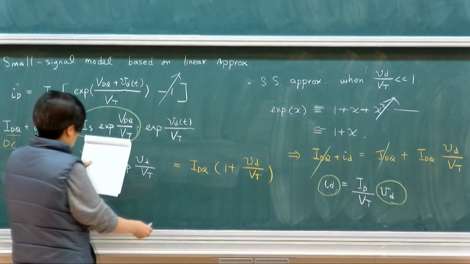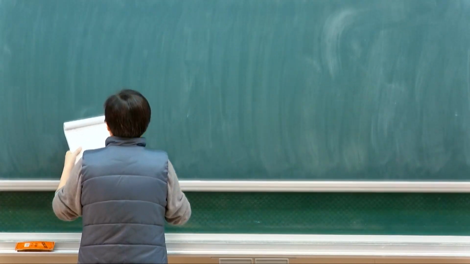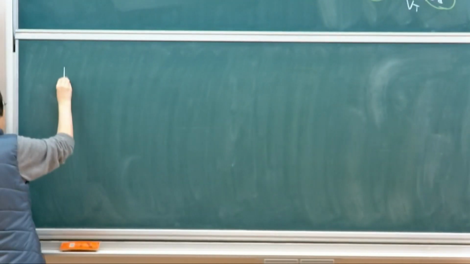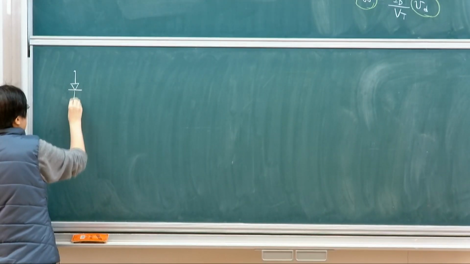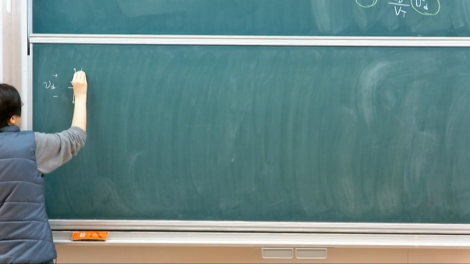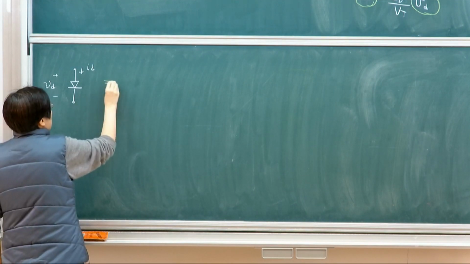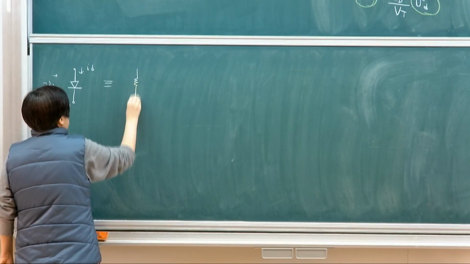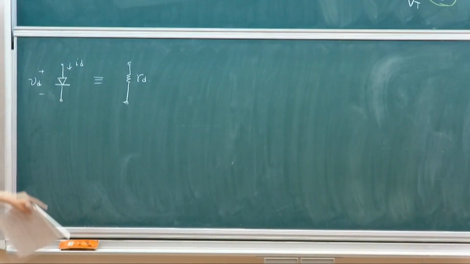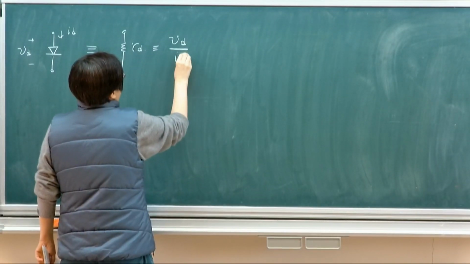So the small signal model of a diode, if it's subject to a small voltage with a corresponding current, can be equivalent to a resistor RD. You're simply getting the relationship: RD should equal VD divided by ID.